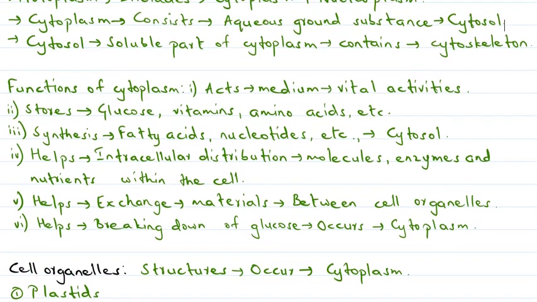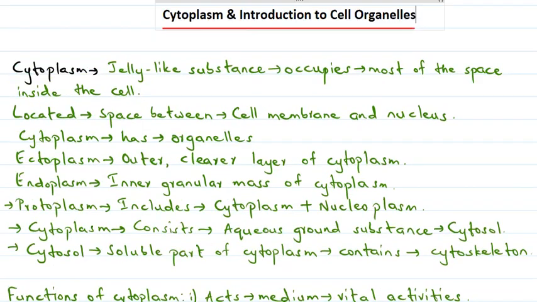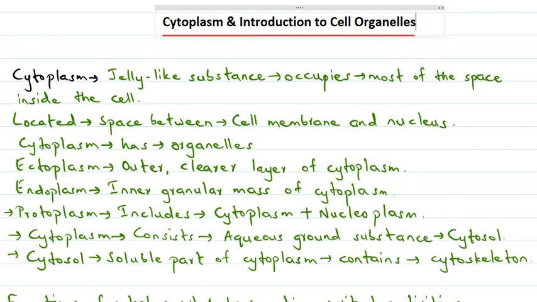Okay, so let's now quickly revise the things that we have covered today. Today we have discussed cytoplasm, and also the introduction to cell organelles. First we started with cytoplasm. Cytoplasm is a jelly-like substance that occupies most of the space inside the cell.